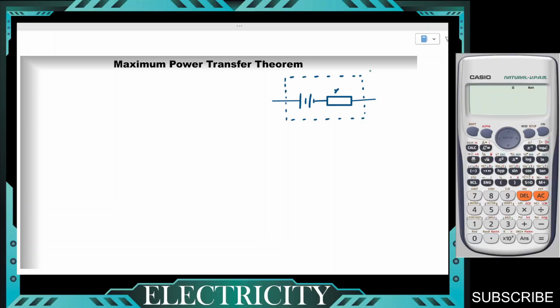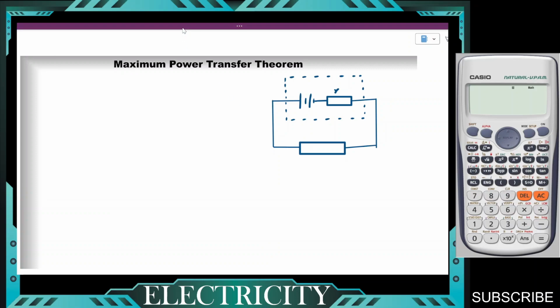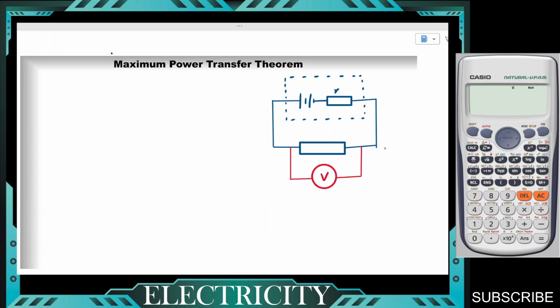Now that completes the battery, and now I'm going to complete a circuit over here. Let me connect a resistor, and then I'm going to connect a voltmeter across the resistor. So this is the circuit that we have.